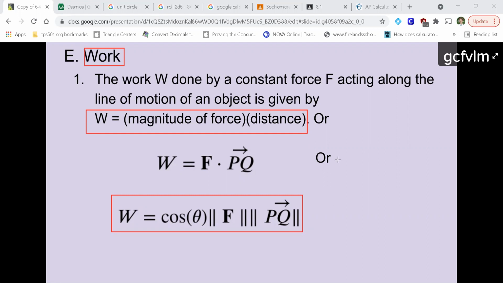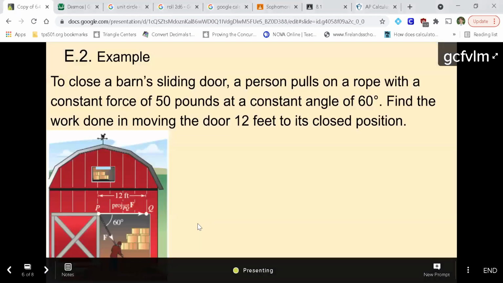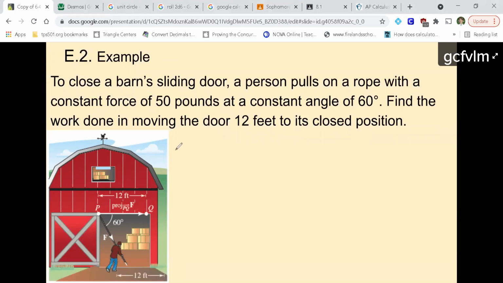All right, let's talk about a barn door then. So this is you right there. You have found yourself, in order to better understand pre-calculus, traveling out to a real live farm, and finding a frictionless pulley system here. And you're going to close this barn door by pulling on this rope with a constant force of 50 pounds at a constant angle of 60 degrees.